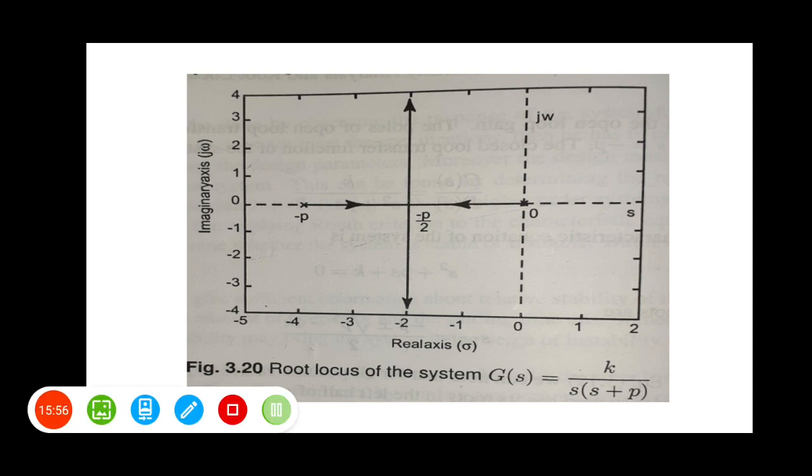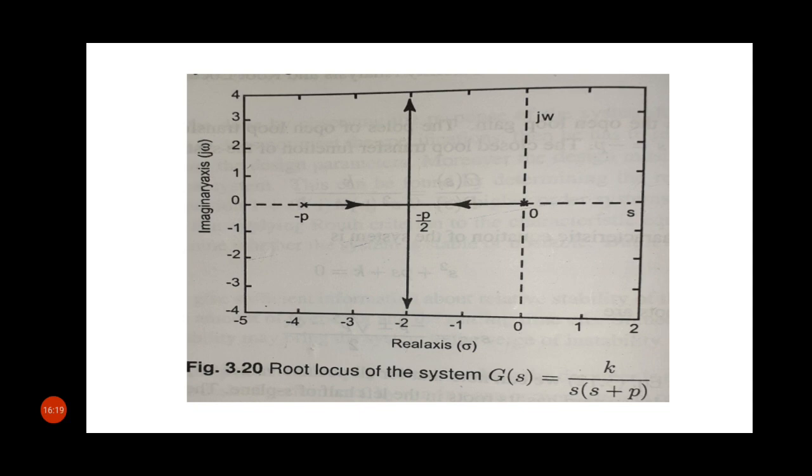Okay, so in summary, when k equals 0, the root loci start at the open loop poles s1 equal to 0 and s2 equal to minus p and move in opposite directions as k increases.